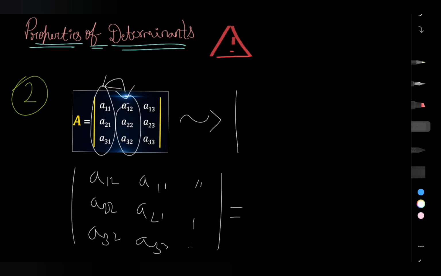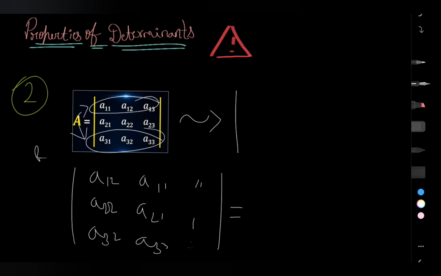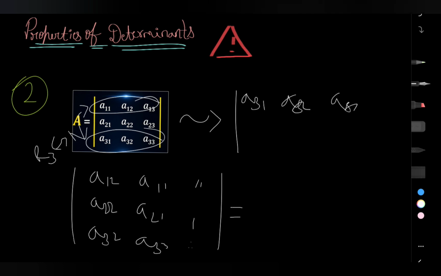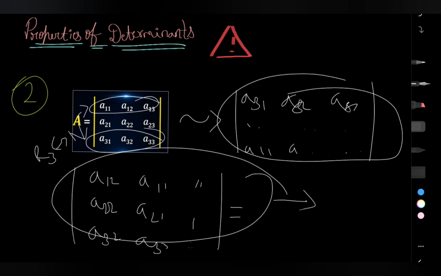Not only rows, I can interchange columns also. Now I'll interchange rows. If I'm interchanging row 3 with row 1, then I will get A31, A32, A33, and here A11, A12 and A13. So this value is nothing but minus A. It is multiplied by -1.